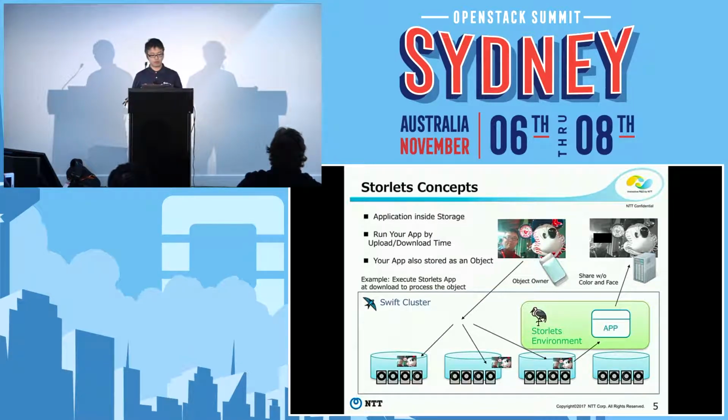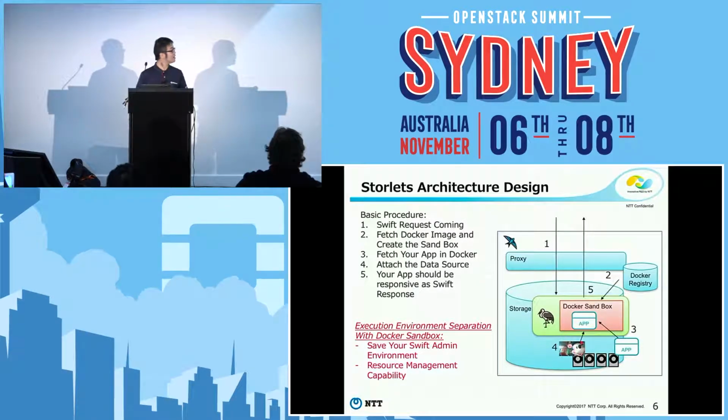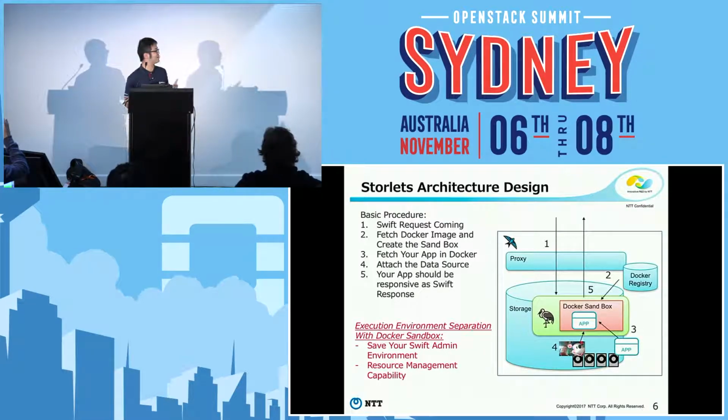So you can build a Storlet application and deploy it in the storage environment, and you can retrieve just a grayscale photo without faces, while Swift still keeps the raw data inside. So this is the Storlets architecture design.